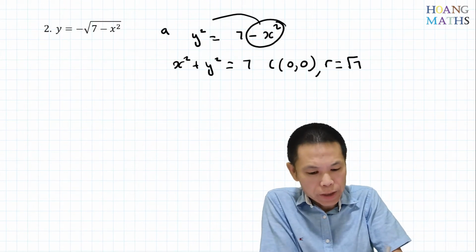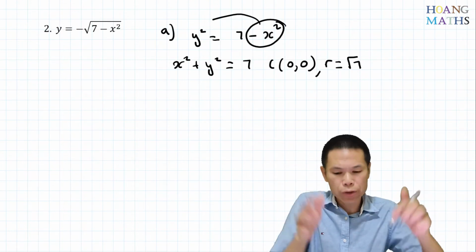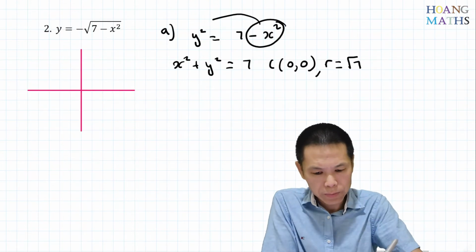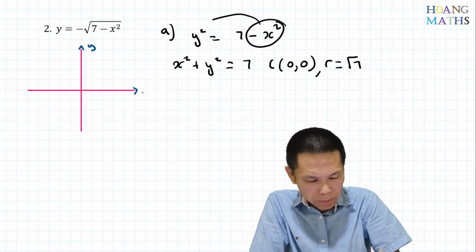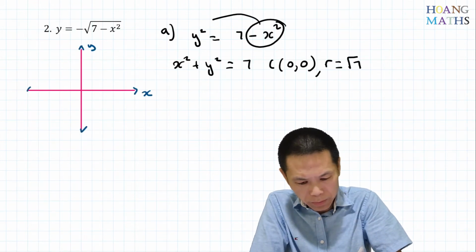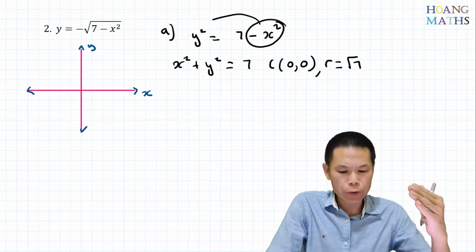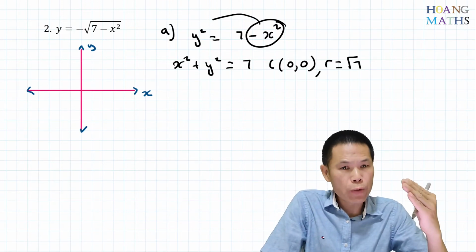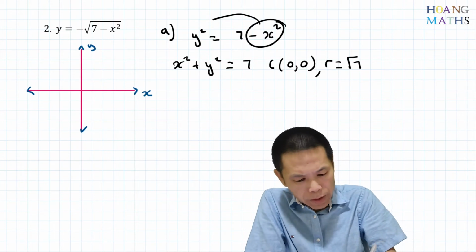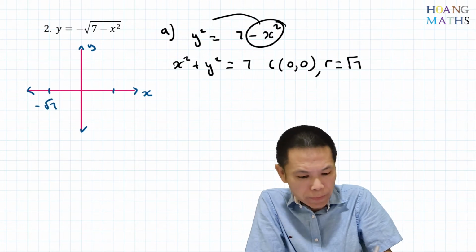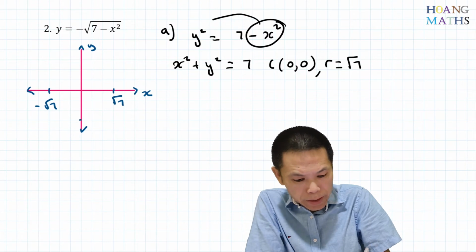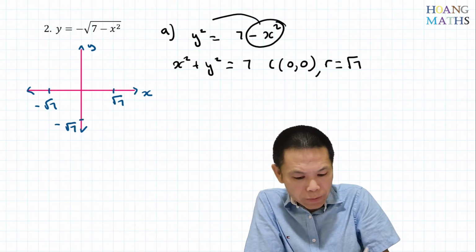I just label this part A. Then part B, which is graphing it. So now the square root of 7 is the radius. So just roughly, I put here square root of 7, and here negative square root of 7.